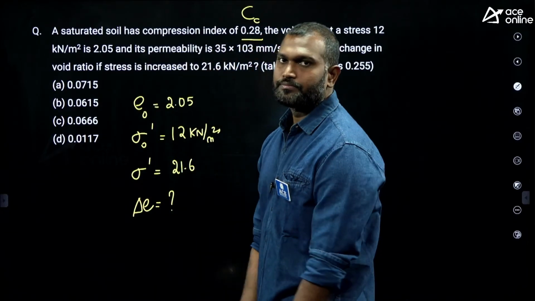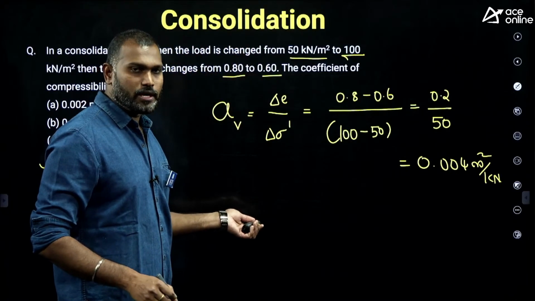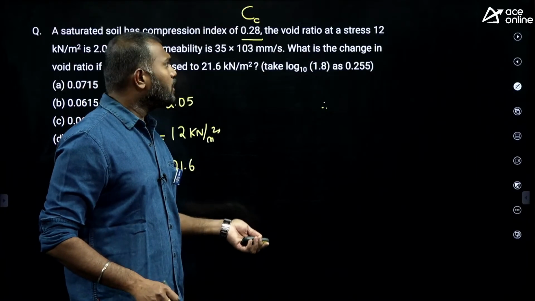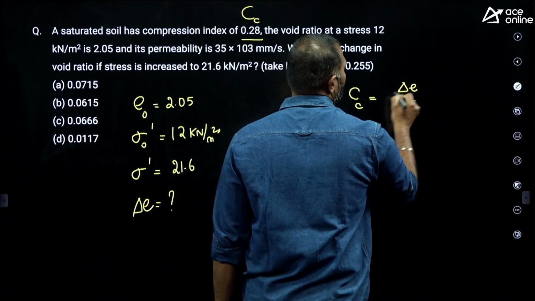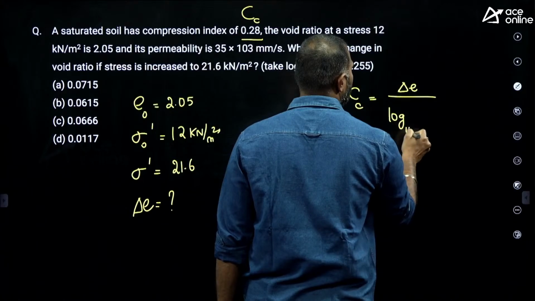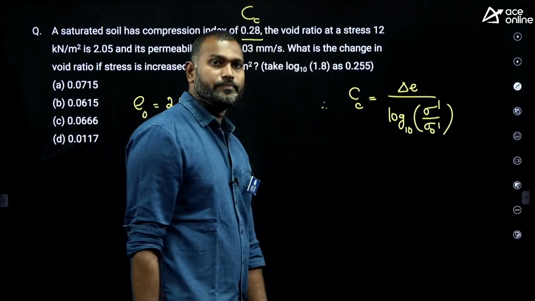This is the question. Now, the previous question was about av, the coefficient of compressibility. Now this is the compression index. CC is equal to delta e by log base 10 of sigma dash by sigma naught dash.